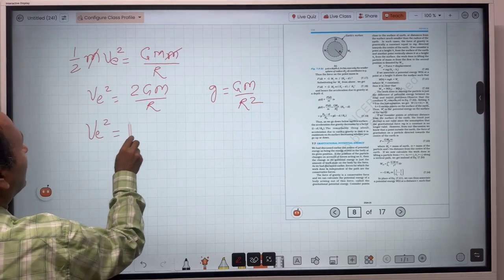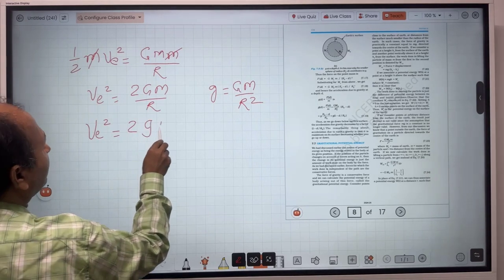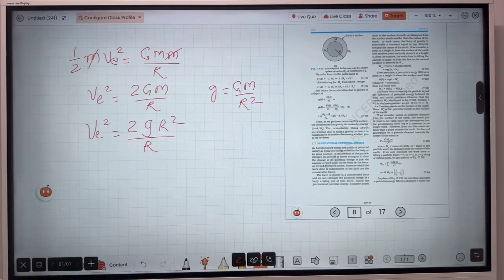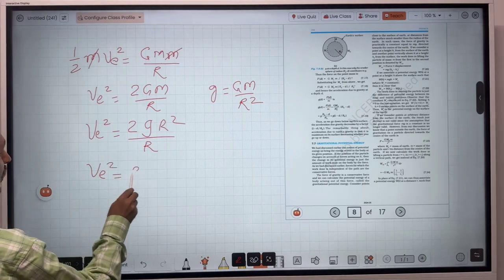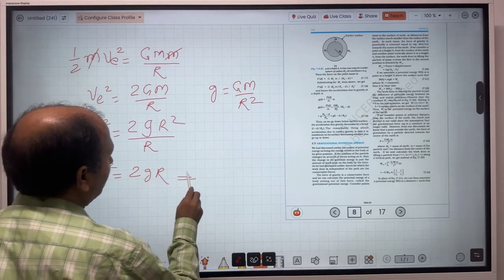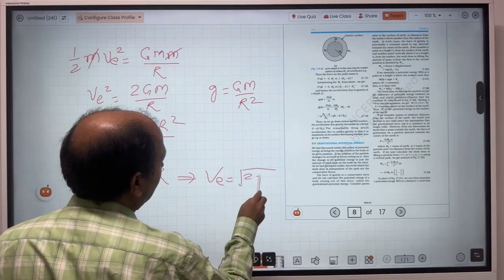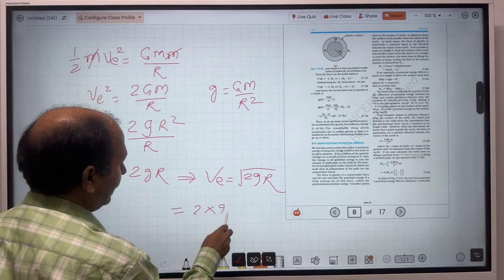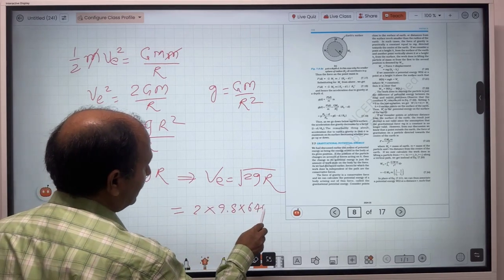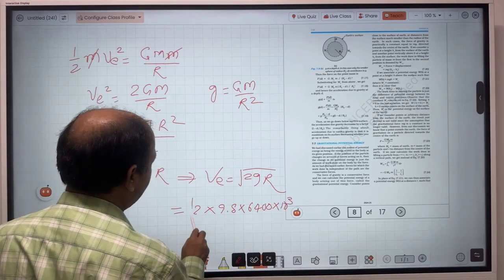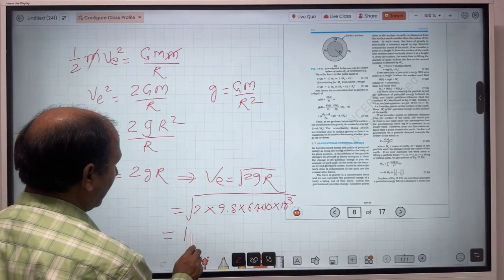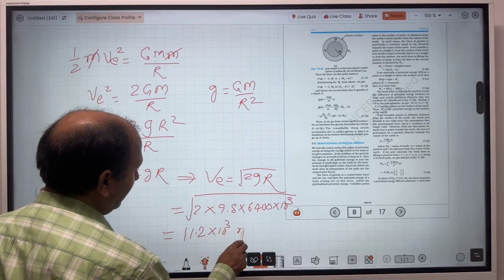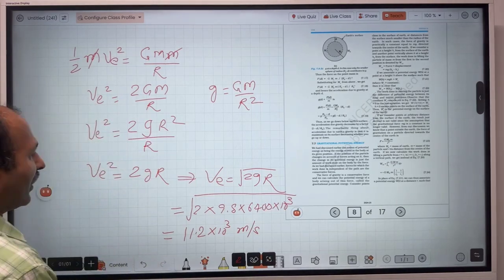So v escape square equals 2gR square divided by R, which is 2gR, giving v escape equal to root of 2gR. Now if we put the values, root of 2 into 9.8 into 6400 into 10 to the power 3. On evaluation we get 11.2 into 10 to the power 3 meter per second. So this is the value of escape velocity.